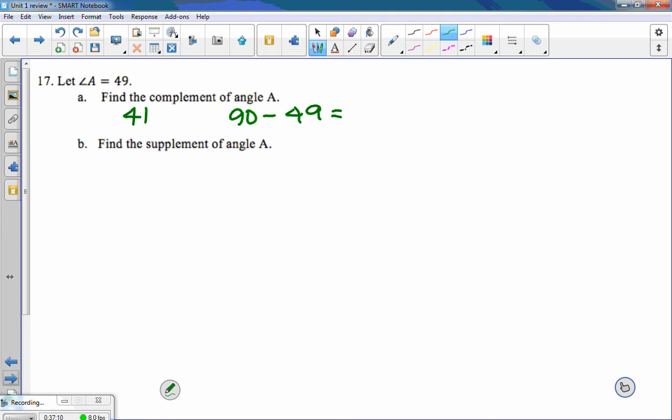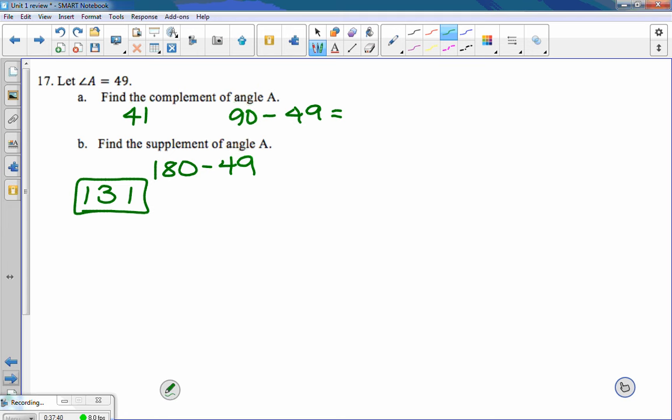Supplementary, 180. So 180 minus 49 is equal to 150. No. What is it? 130. 131. All right. Next.